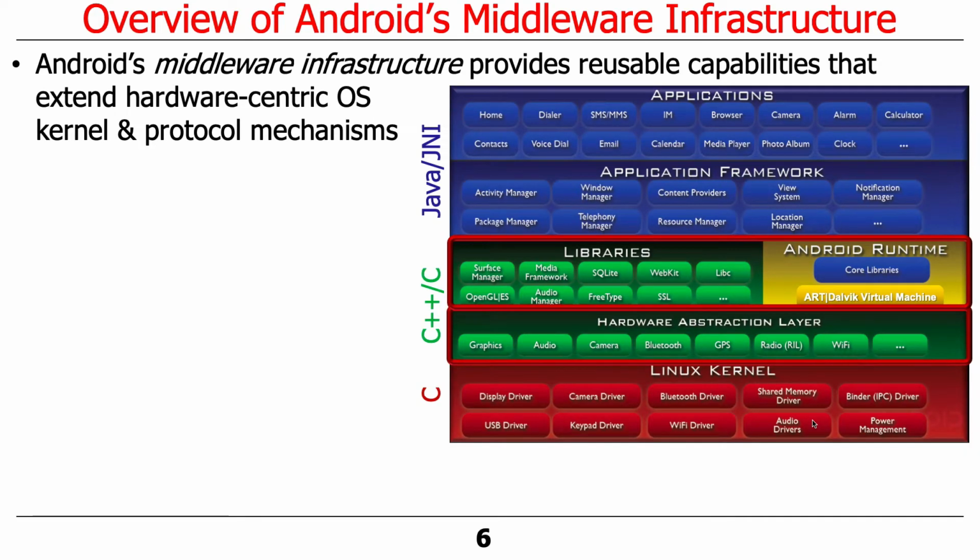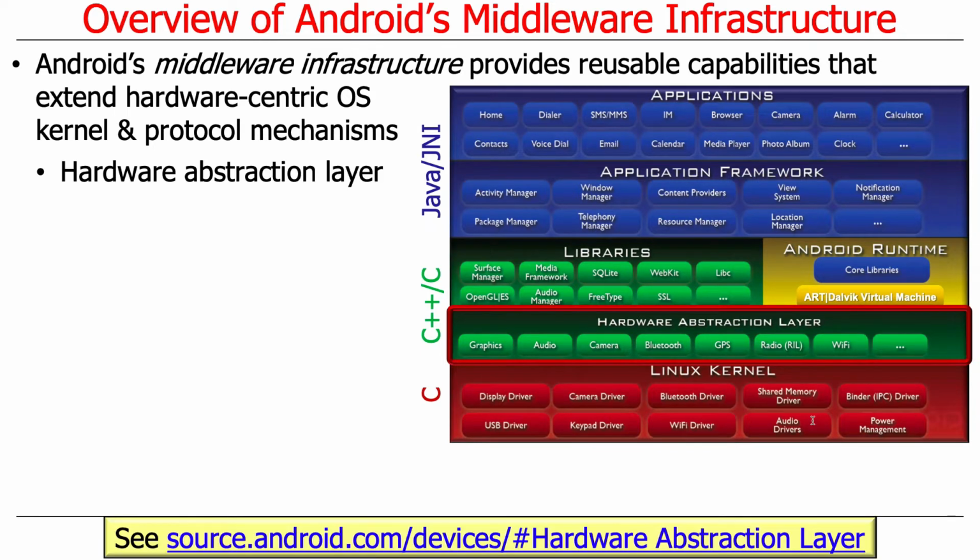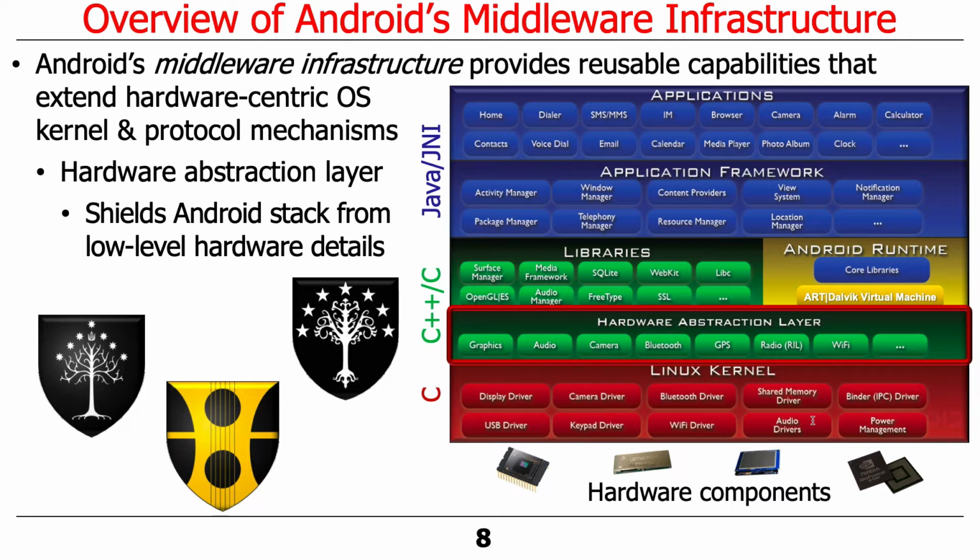So the purpose of the middleware infrastructure is to shield the higher level apps and app frameworks from all these weird hardware-centric capabilities of the operating system kernel and the underlying networking protocols and communication protocols. So we have this thing called the Hardware Abstraction Layer, and that shields the Android stack from low-level hardware details.